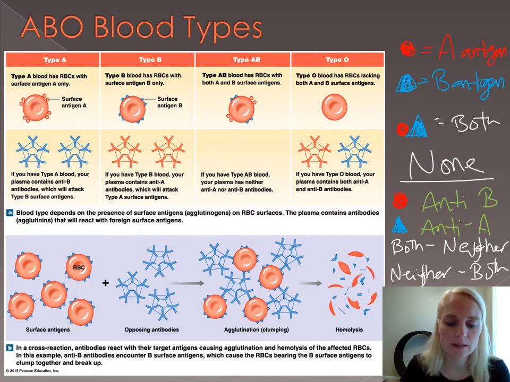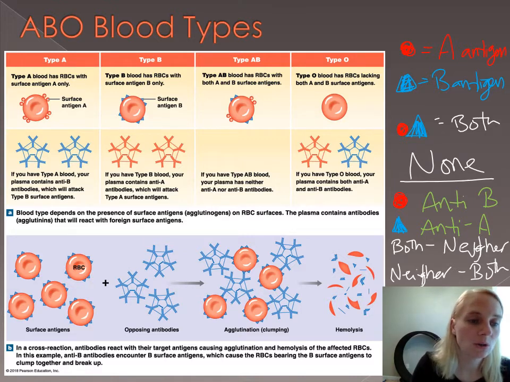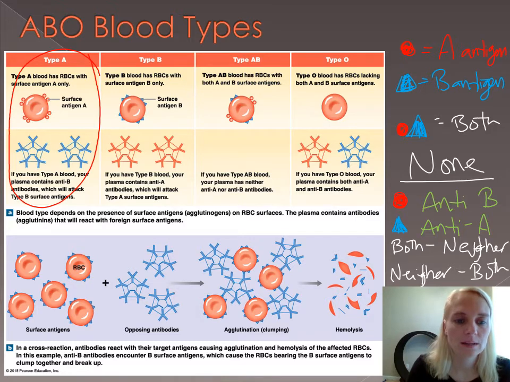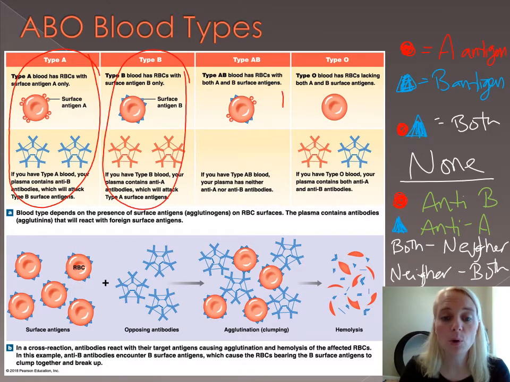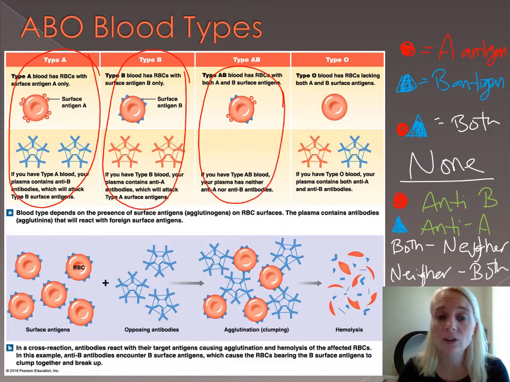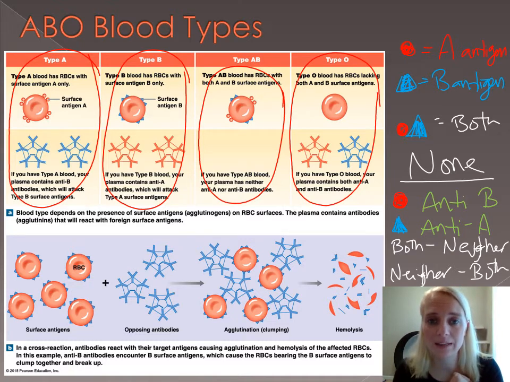So we can see that in these combination pictures here. Type A antigens, anti-B antibodies. Type B antigens, anti-A antibodies. Both A and B antigens, neither anti-A nor anti-B antibodies. Neither antigen, both anti-A and anti-B antibodies. Okay, so that's layer 2. So antigens on the surface give us our blood type.